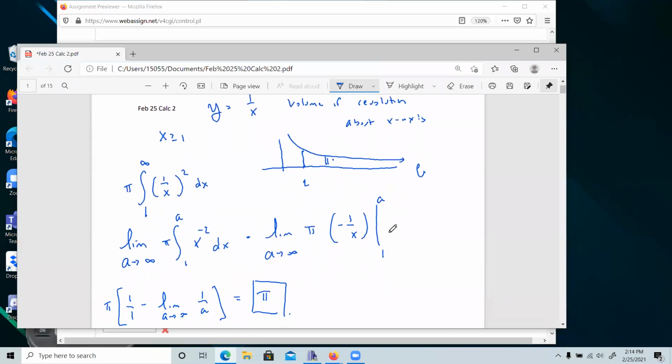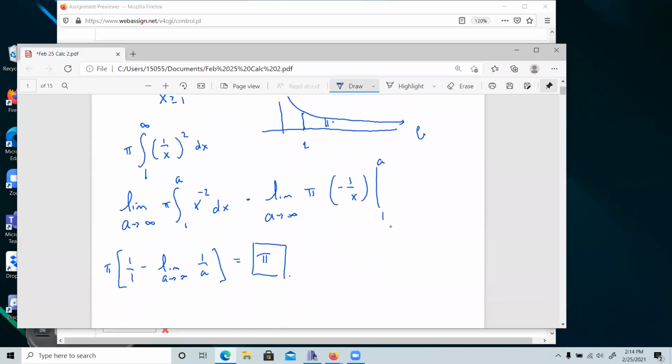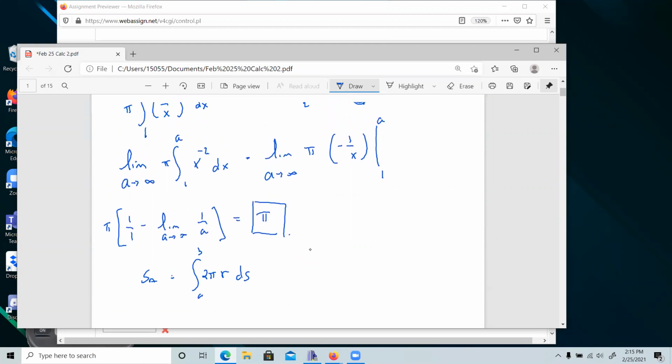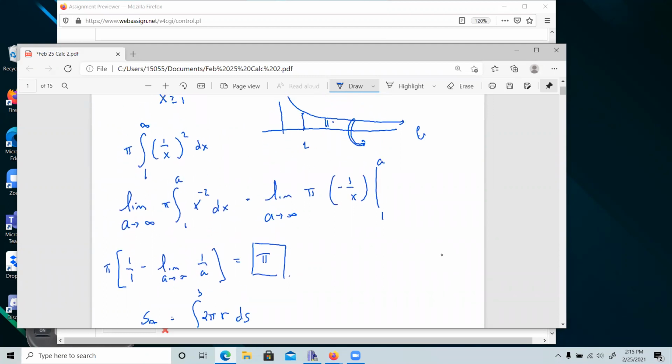Now we're going to calculate the surface area. It's the same shape, except instead of computing the volume, we're computing the surface area around it, picking out little ribbons. Remember that the surface area was the integral from a to b of 2 pi r times ds, the arc length. The r is still going to be y, 1 over x.